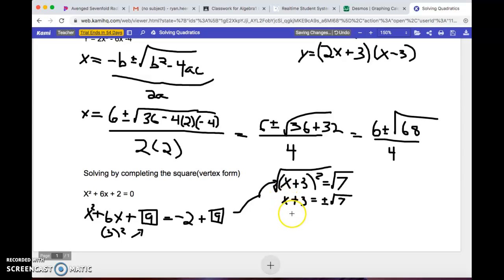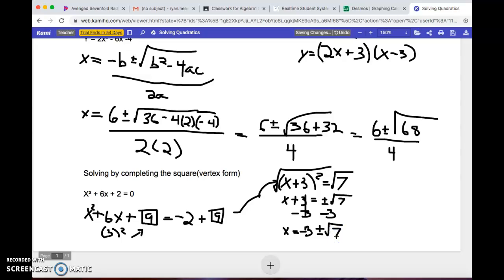I need x by itself, so subtract 3. Once I subtract 3 on the right side, remember that just goes and sits in front of that plus or minus. So this becomes x equals, and it becomes negative 3, plus or minus radical 7.